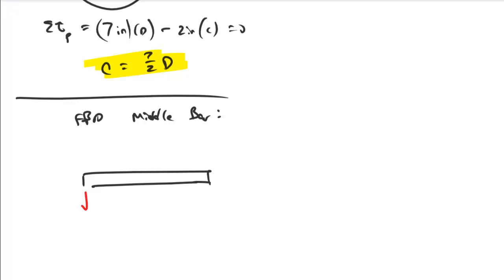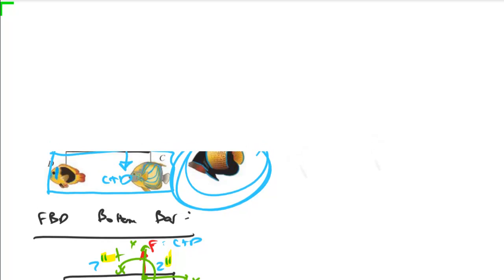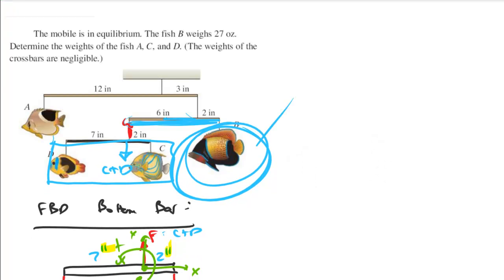We have C plus D over here, and then we have B over here, which was 27 ounces. Just leave it as 27 ounces. And then we had another force up here, F2 or something. The dimensions, let's see here, 6 inches on the left, 2 inches on the right.